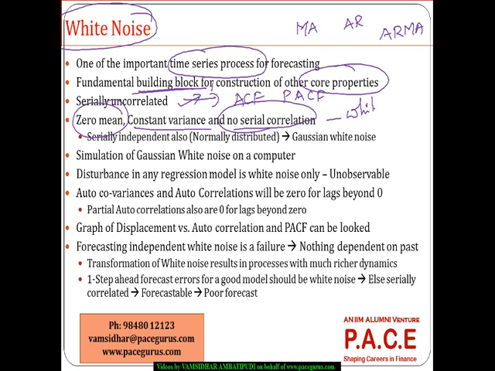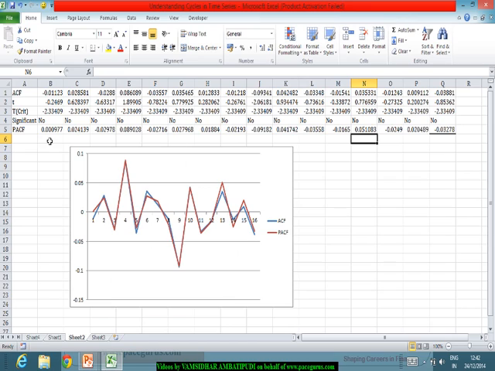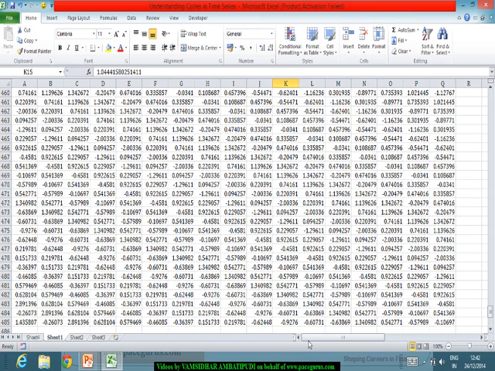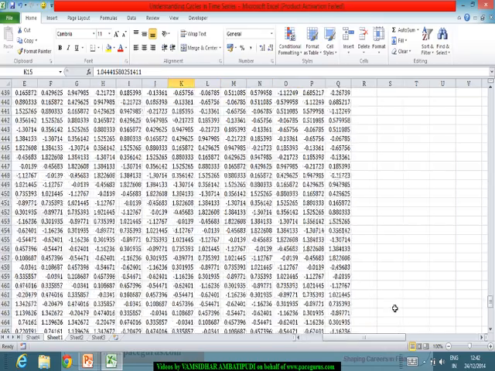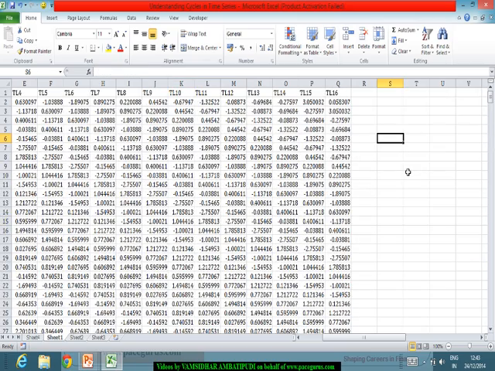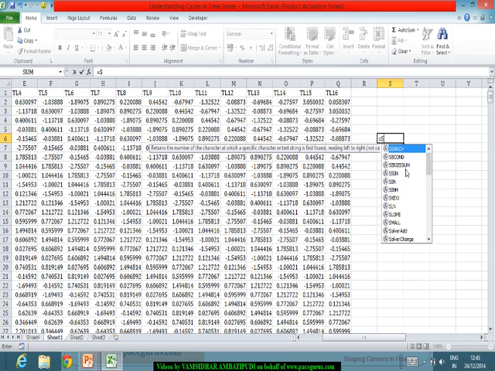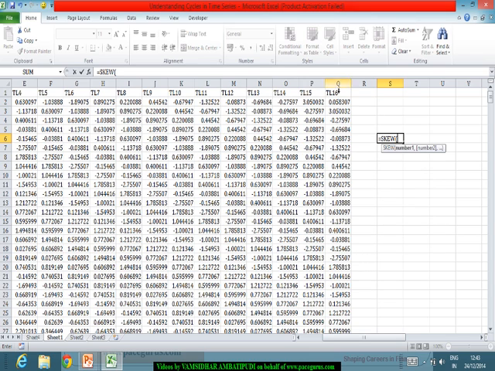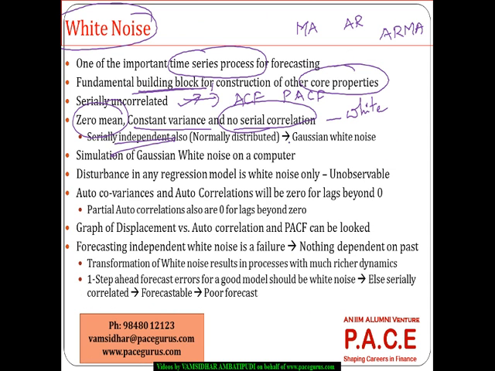And if it is serially independent also, if I see that it is normally distributed, how do I test whether something is normally distributed or not? I can very well take the skewness of that data set, which should be closer to zero. Even the kurtosis, if I take, I see that it is also slightly closer to zero, which means this particular data set is more or less normally distributed.